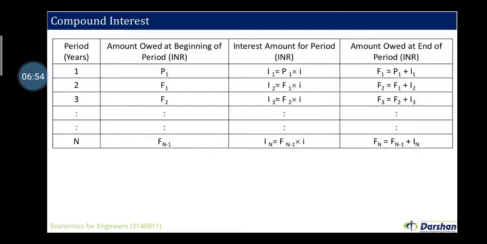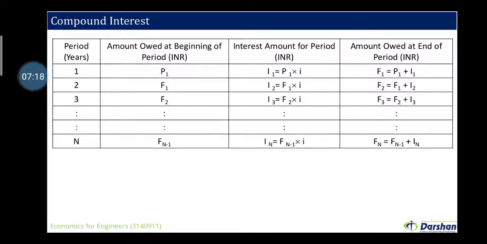So here, take the example, one formula is given to you so you can easily understand. Here the first column indicates the years 1, 2, 3, 4, 5 and the amount at the beginning of the period, like P1, F1, F2. Then after interest, your interest is calculated by multiplying the interest rate by your amount.